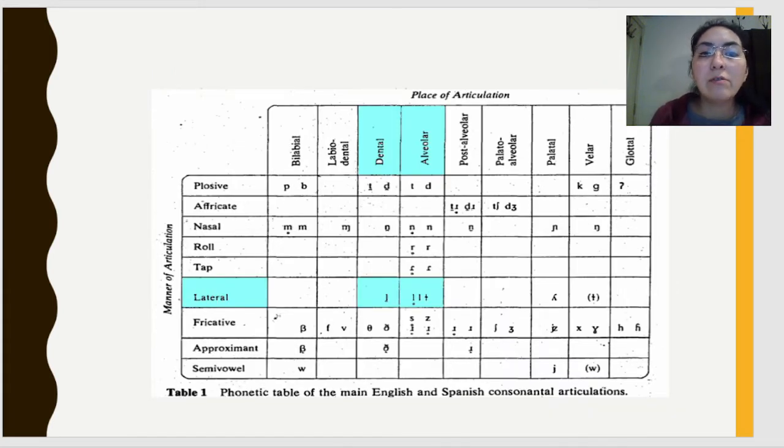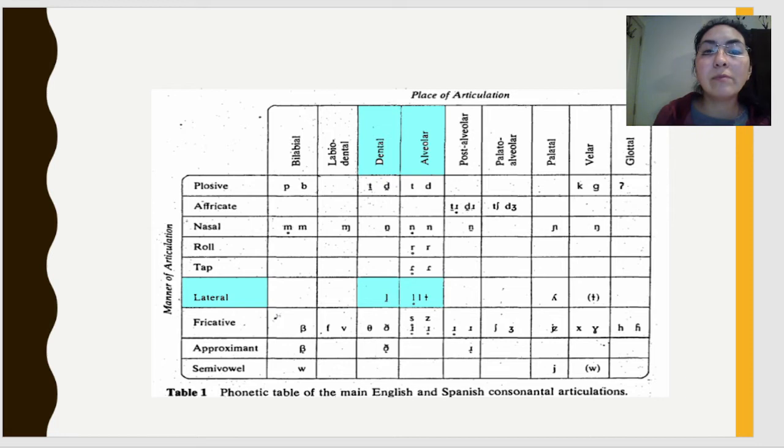We need to know if we substitute the sounds for each other. Not all of them produce changes of meaning, because not all the sounds are contrastive units.